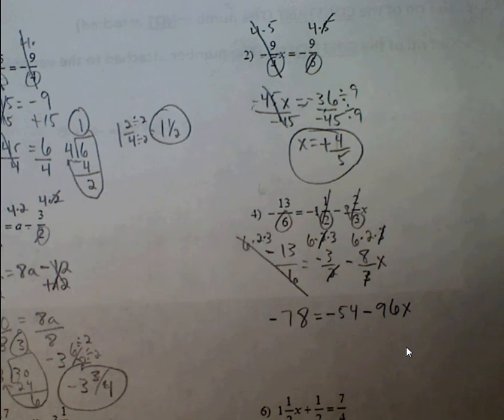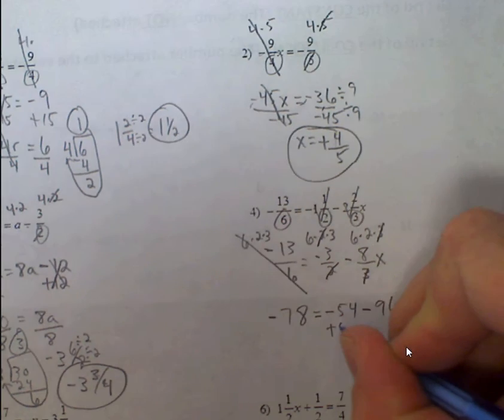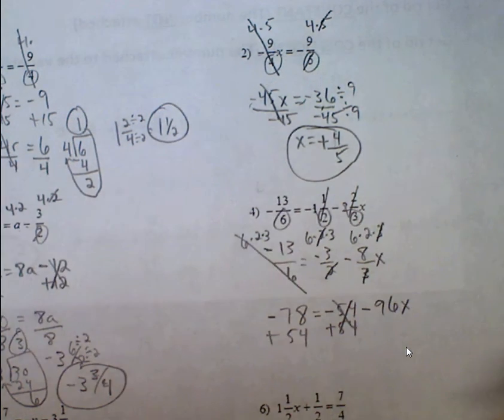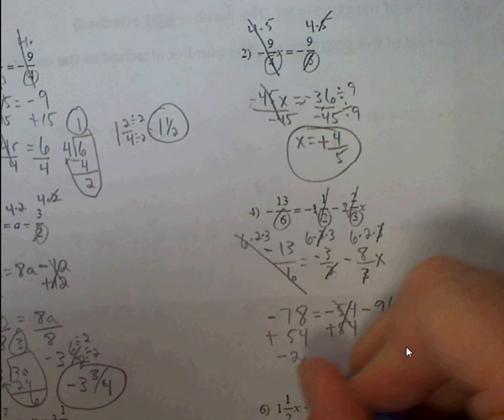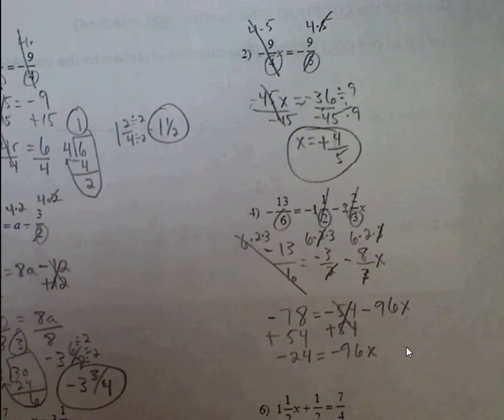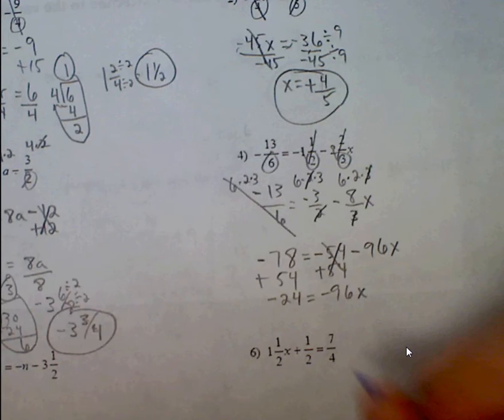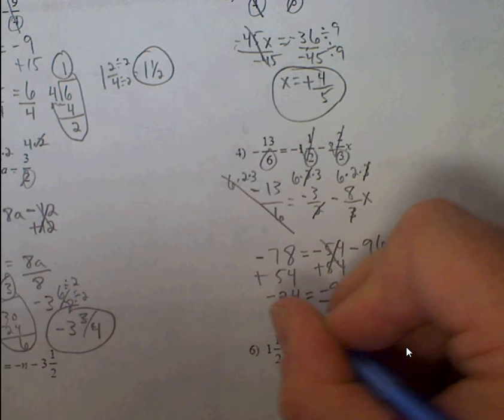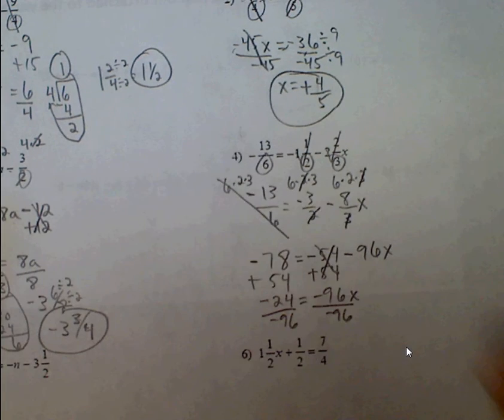X. Get rid of the number not attached, which is 54. That gives me negative 24 equals negative 96x. Divide by negative 96. Two negative signs make a positive.